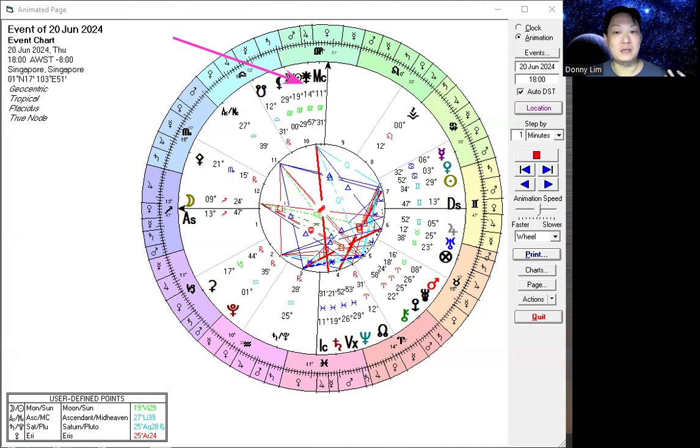So this can be talking about our maternal aunts and uncles, cousins, neighbors as well. And this can also represent, on a more psychological level, the mentality and thinking patterns of one's own maternal parent growing up as well.